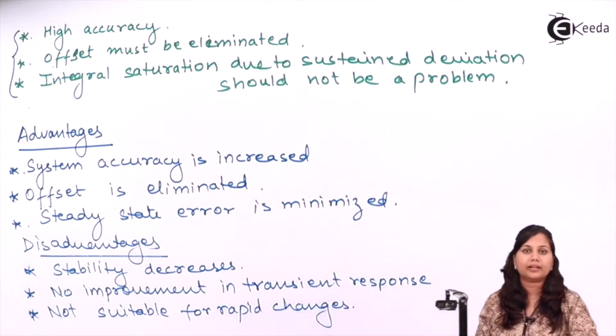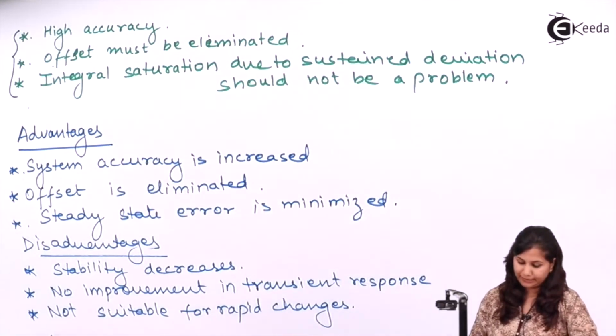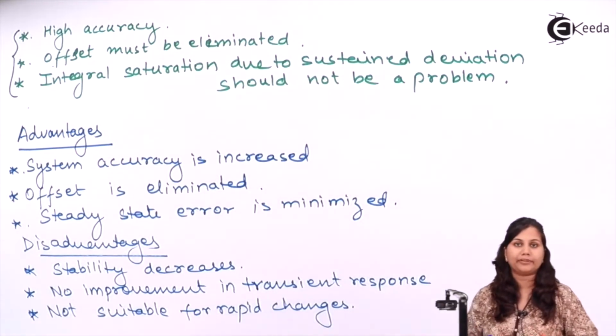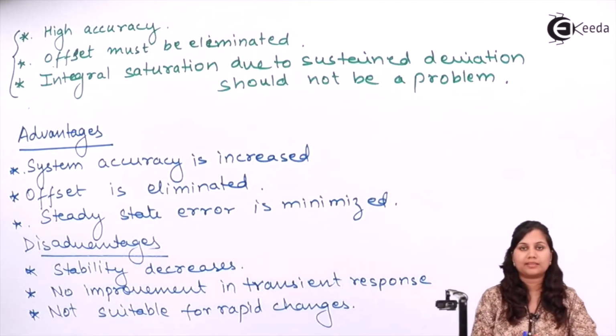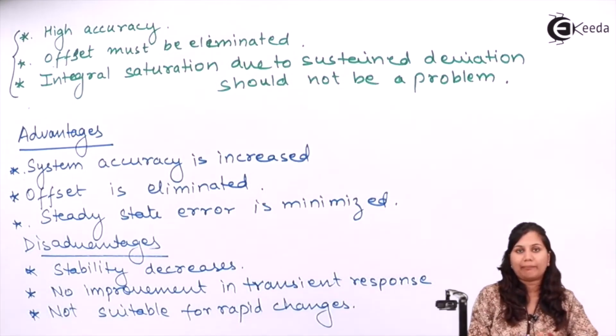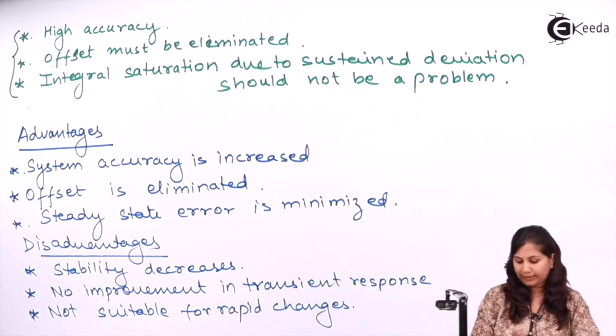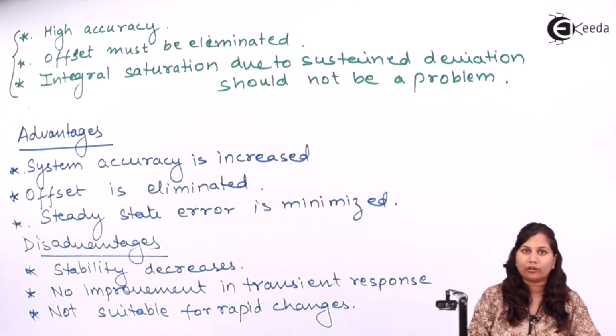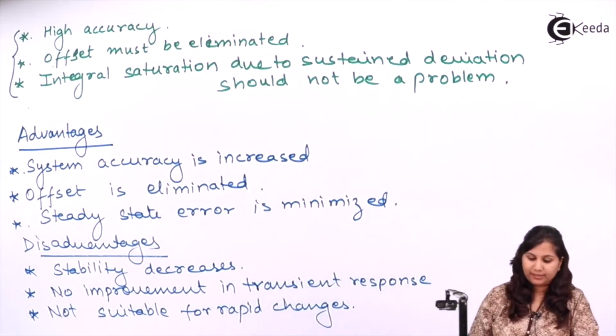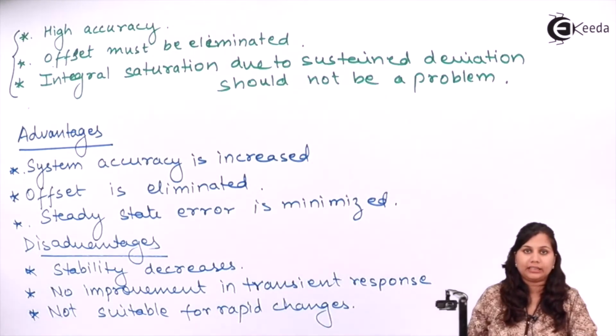And also the PI controller is not suitable for rapid changes, that is when the input is having rapid changes in it. So at those places the PI controller cannot be used. So this is about the proportional and integral controller.